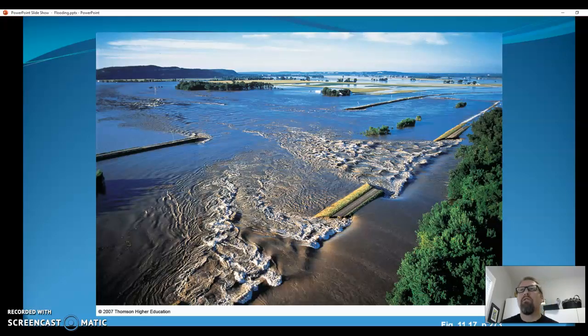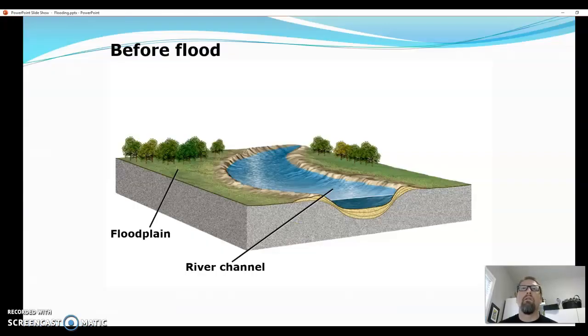All right, and so we spend a lot of time, energy, and money creating ways to prevent flooding from occurring. Here you see a levee that has been breached as the water has come through it. And so we try to build these, but streams naturally build up these levees as well. And you can see this in this series of diagrams that we have the channel and the floodplain.